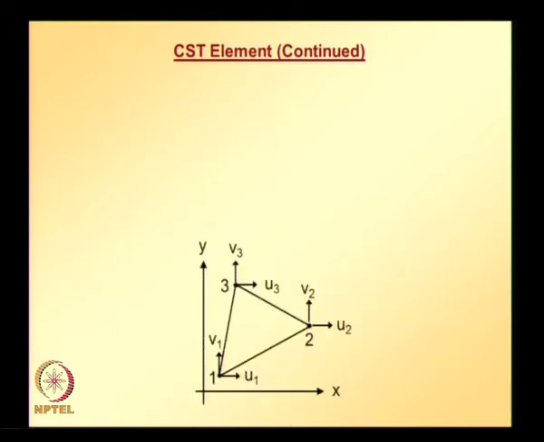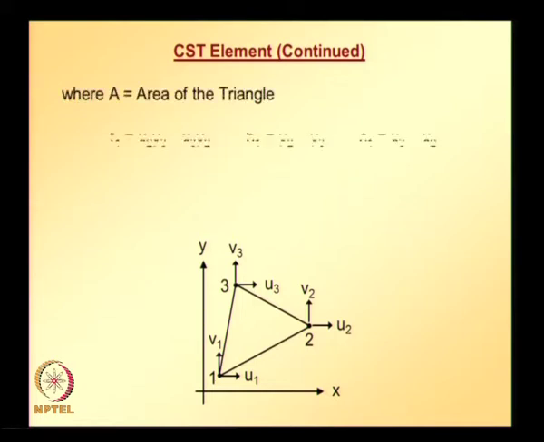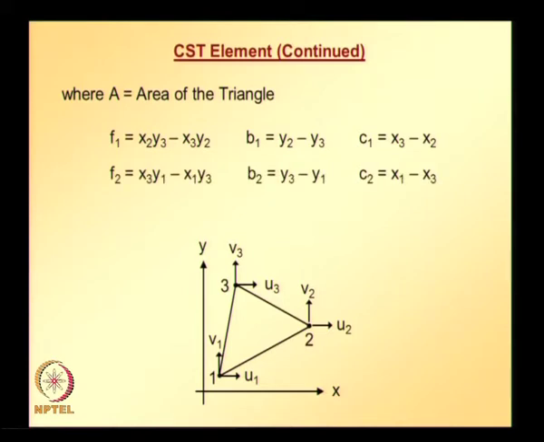So, if this is the triangular element that we are looking at, then the area can be calculated based on the nodal coordinates, and f1, f2, f3, b1, b2, b3, c1, c2, c3 can be calculated based on the information of nodal coordinates.